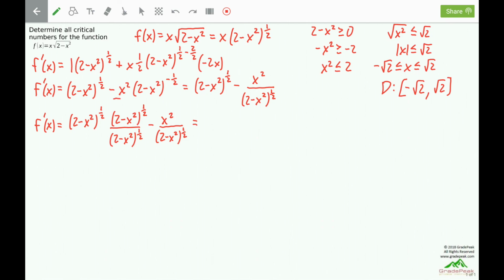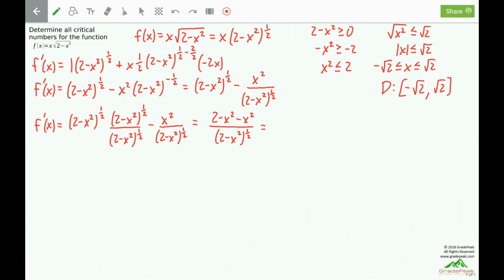The first term has a numerator of these two multiplying each other. We can add the exponents. 1/2 plus 1/2 is 2/2 or 1. And so it will give us 2 minus x squared to the first power. The second fraction has a numerator of minus x squared. We will combine these together over the common denominator, since they are now over a common denominator of 2 minus x squared to the 1/2 power.